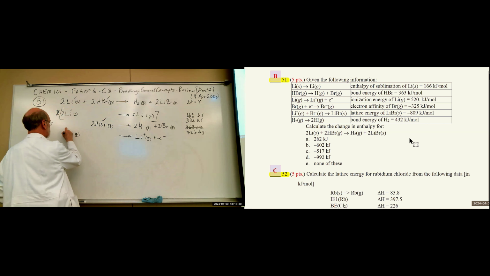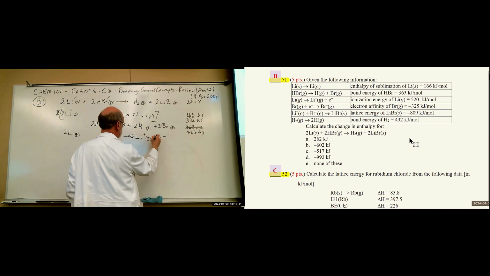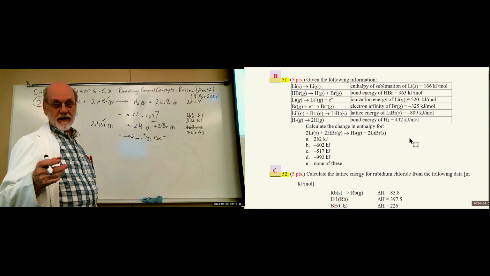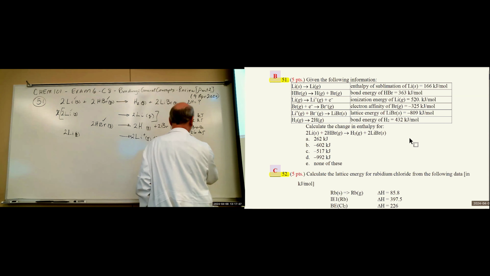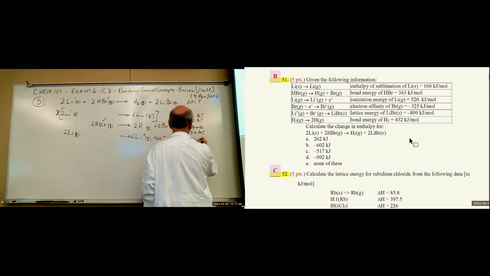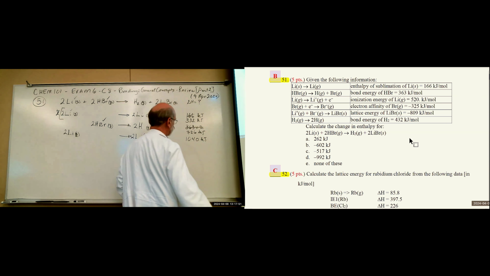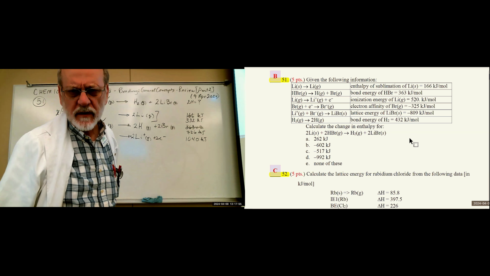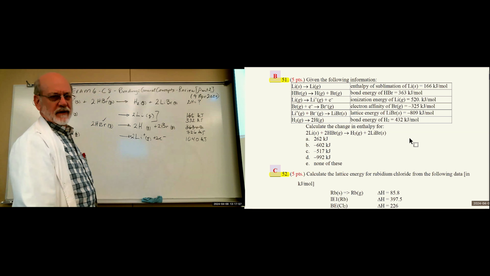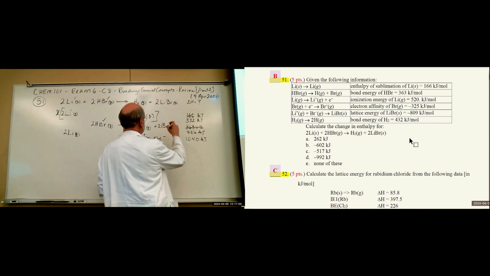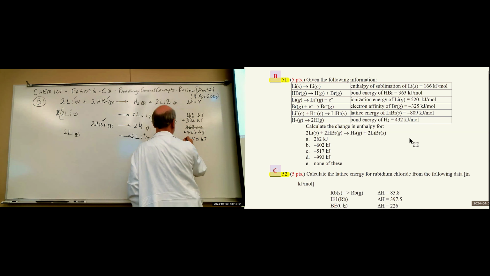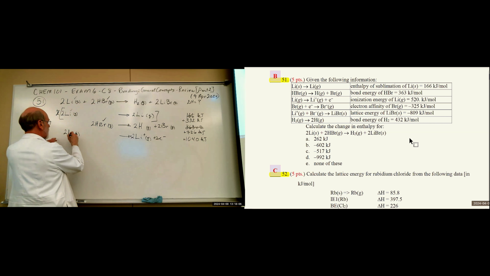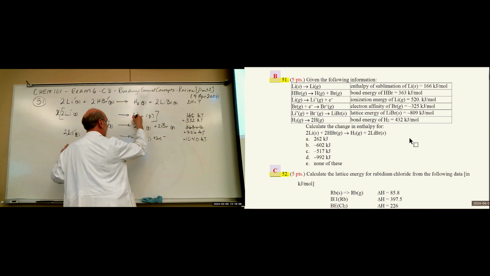Only we need two of them. Two, and two. So what's the value for that one? 520. So 520 times 2 is 1040 kilojoules, right? Let's see. Some of them have signs. Not yet. Those are all positives. Okay, so we actually got rid of this one right here.